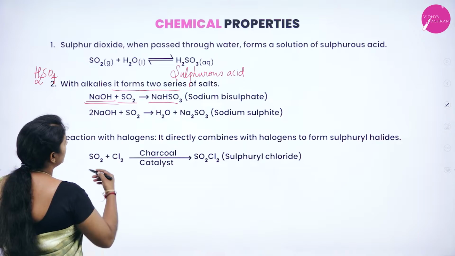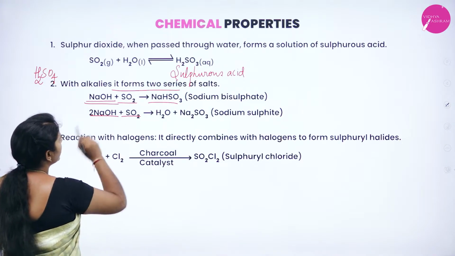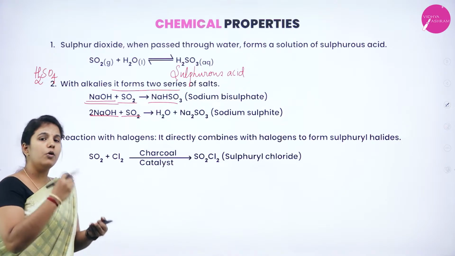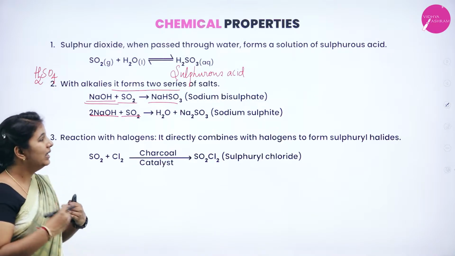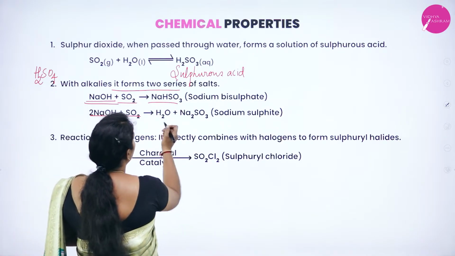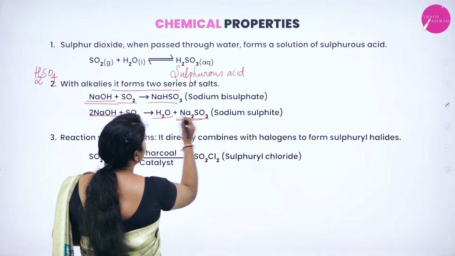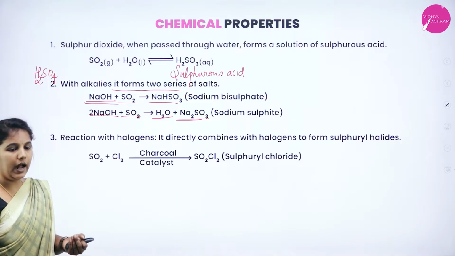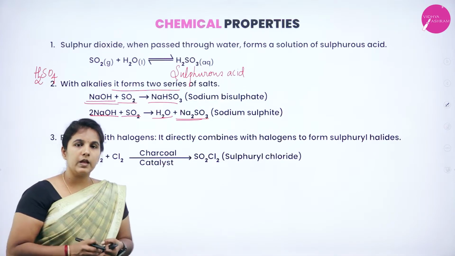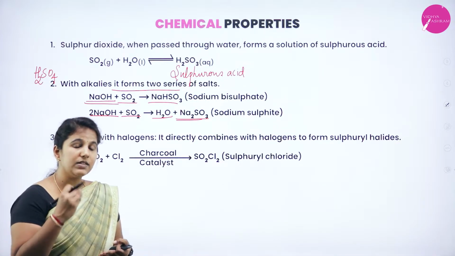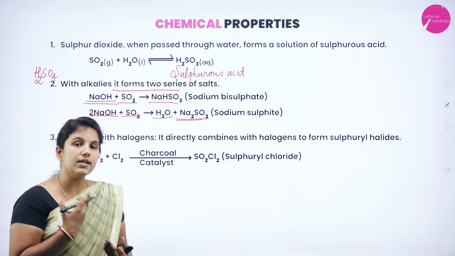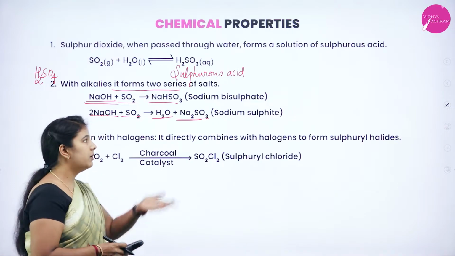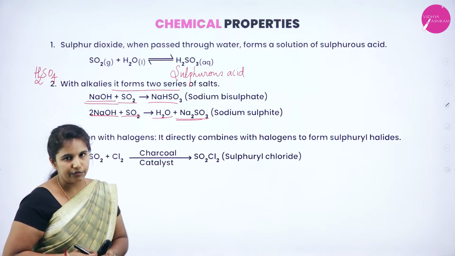Similarly, if you carry out the same reaction with two molecules of alkali, then along with the water molecule you can expect sodium sulfite. This indicates that even though sulfur dioxide can react with alkali, if you increase the amount of alkali, the products formed will be different.